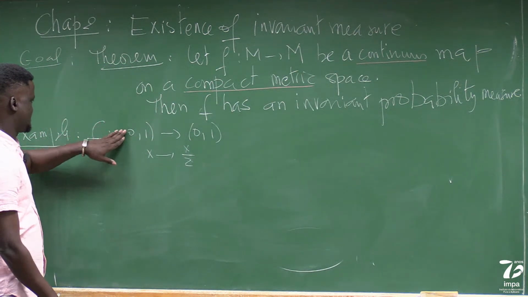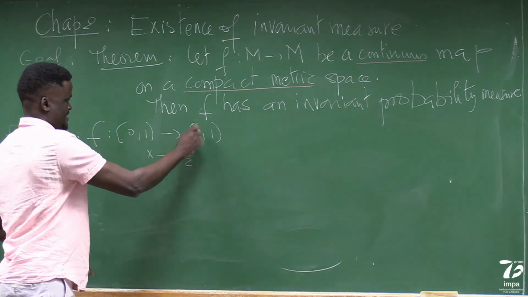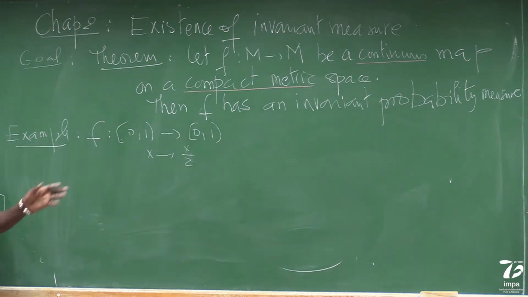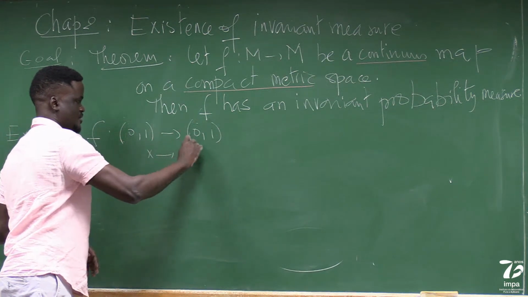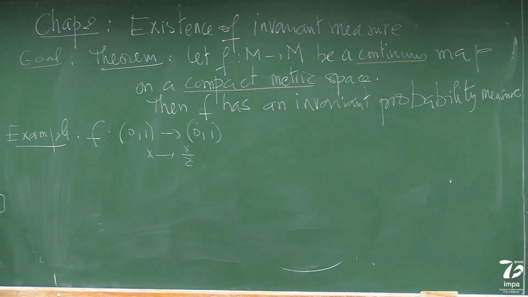If I just do this, you would have an invariant measure, but it's not compact. Now, why doesn't this have an invariant measure? Or what is the first implication? Take the preimage of just half the interval. Then it will be the whole interval, so it's a contradiction.